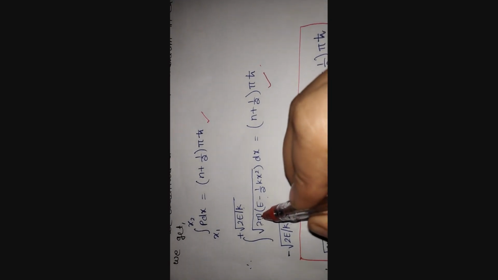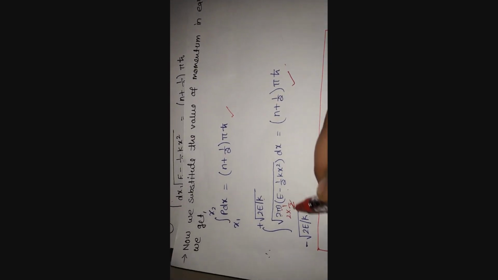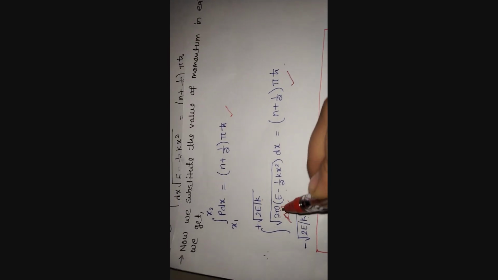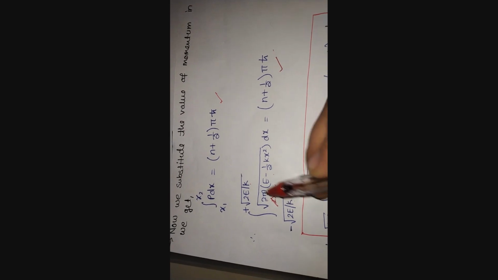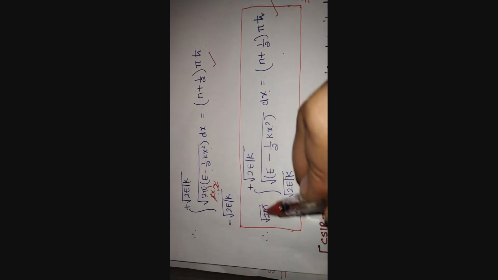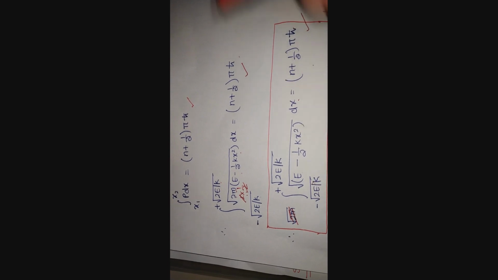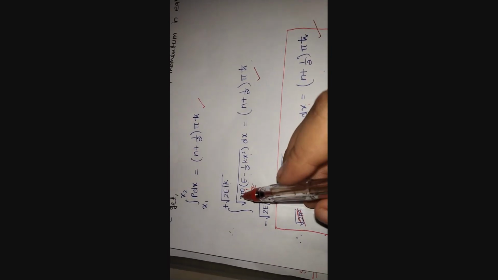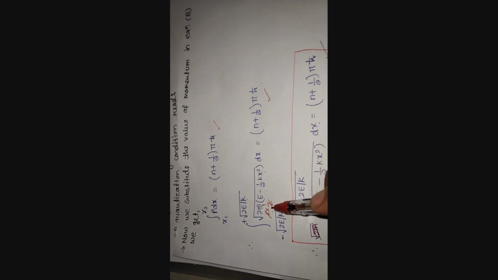So we put the value of m as half here: 2 into half cancels out, so inside we will have only this. We will not take it outside, because it is the same either way, whether you take it outside and then put in the values, or put the values in inside. So we get this answer. Only this I forgot to mention.